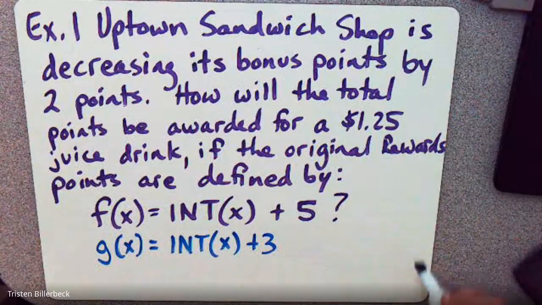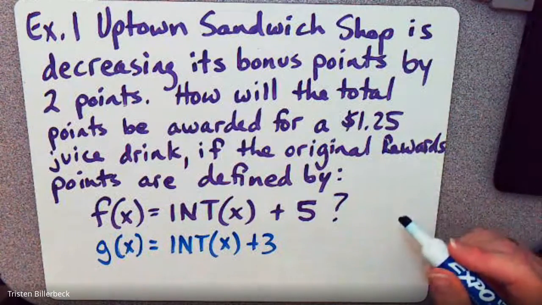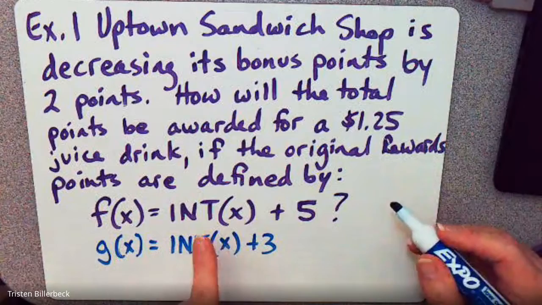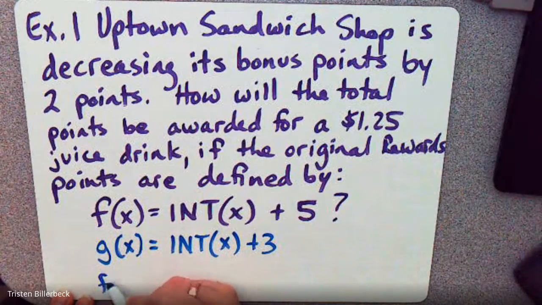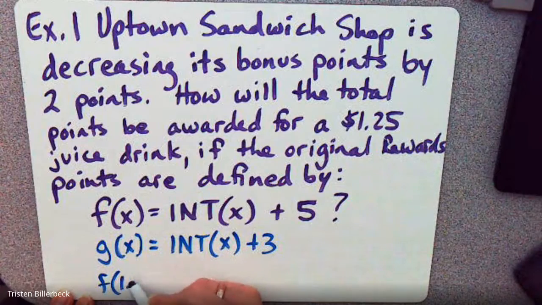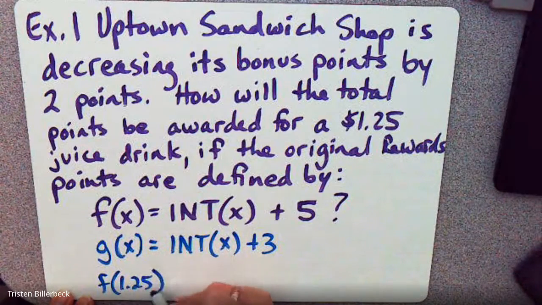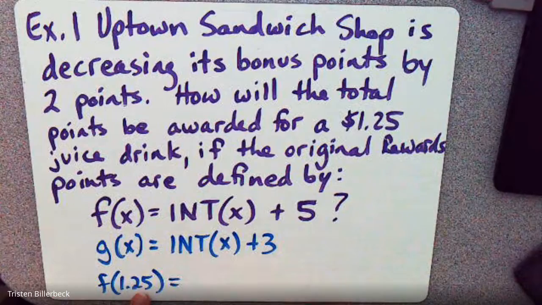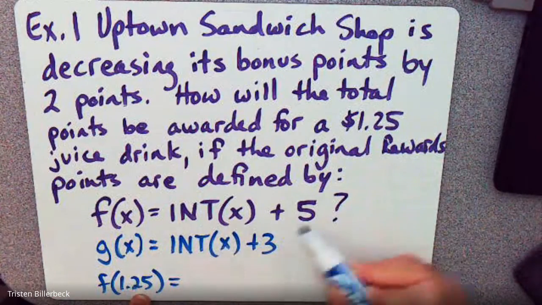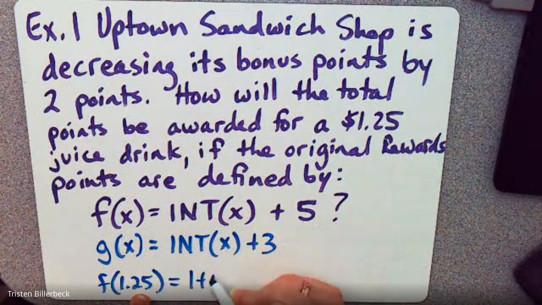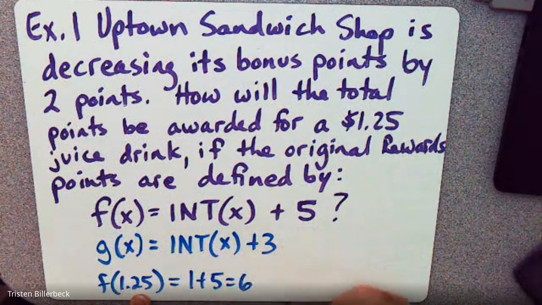So what this means is for $1.25, our reward points for f of x would be: f of 1.25, the output would be 1, because we rounded down to 1, plus 5, which would be 6.